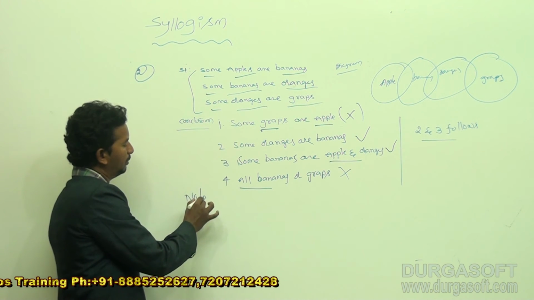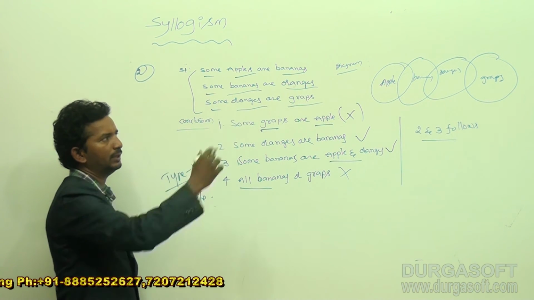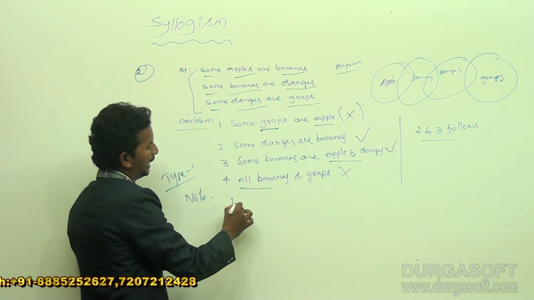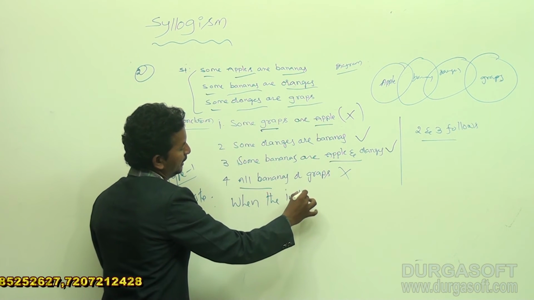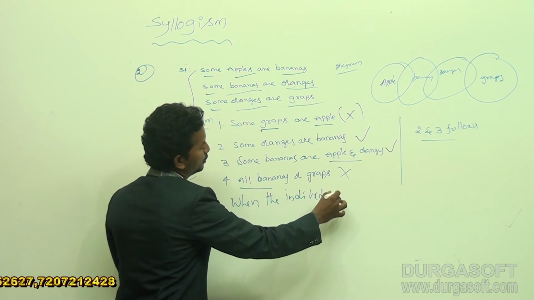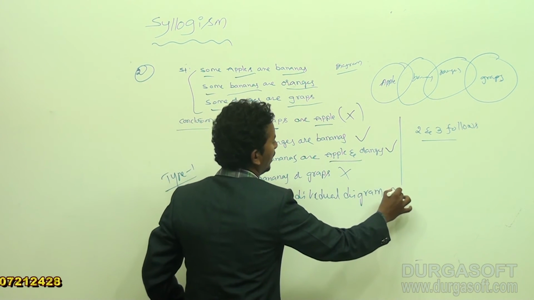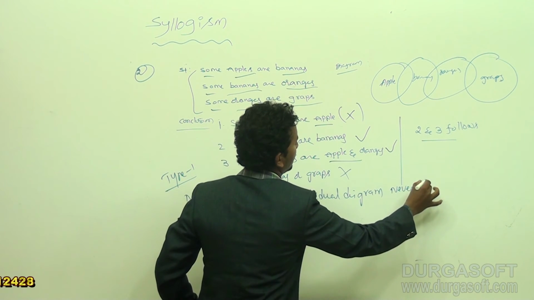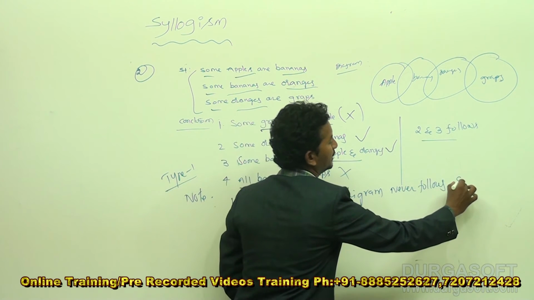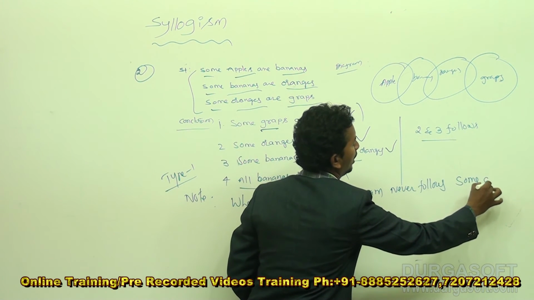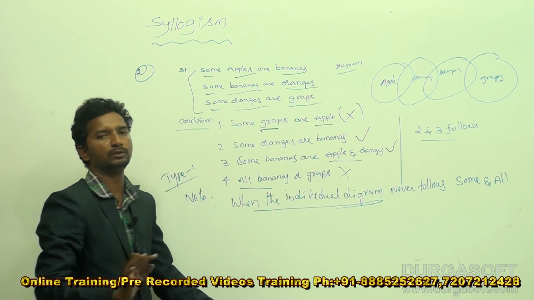In the type 1 problem, my note number 1 is: when the individual diagram never follows, now some and all, this is important, all never follow some and all.